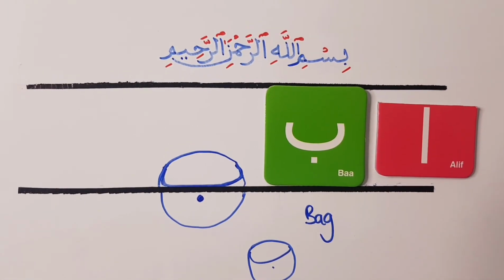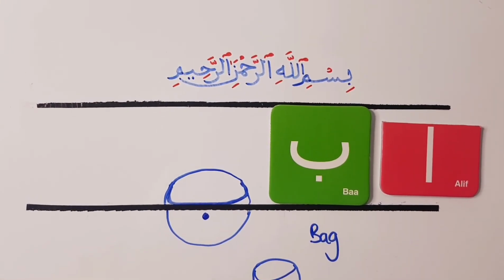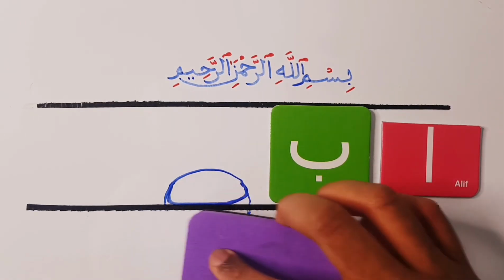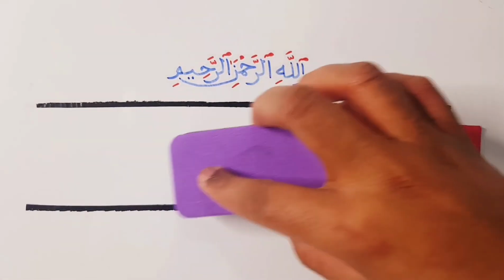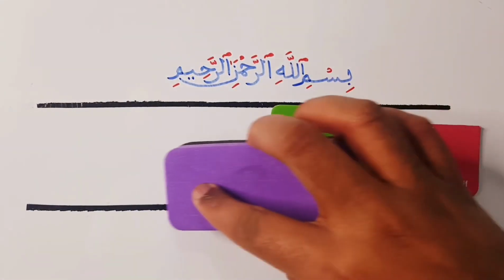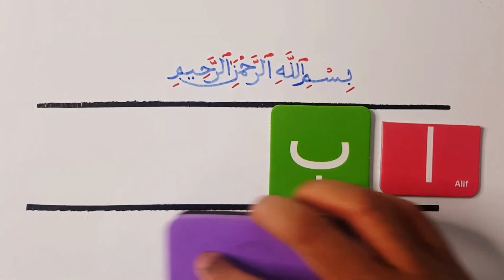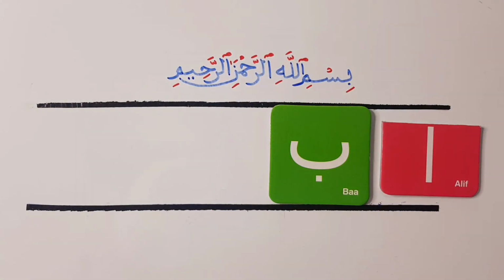So these references which jog the mind are useful at times to help a person remember the letters and so on. So if you find it beneficial, then you can use that. If you like bag, then you can take bag. But if you want to make up your own one, then that's okay.